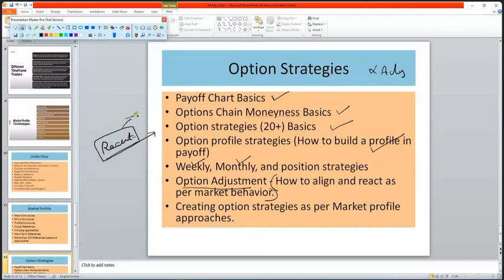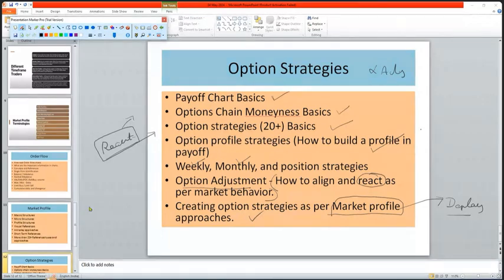Here we guide how to manage your position or your strategies when the market reacts, with market profile knowledge as well as adjustment methods, and how to utilize market profile and, based on the market profile, how to deploy our strategies in options. These are the areas I provide in my mentorship program.